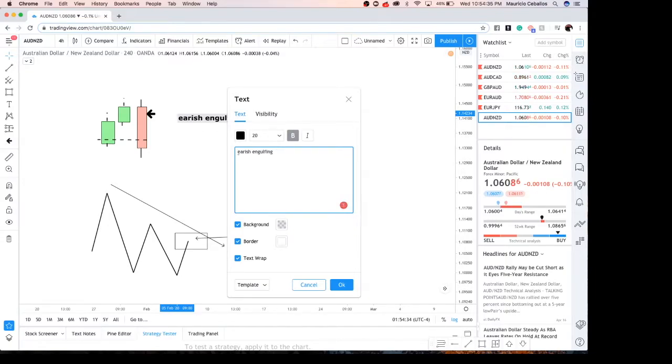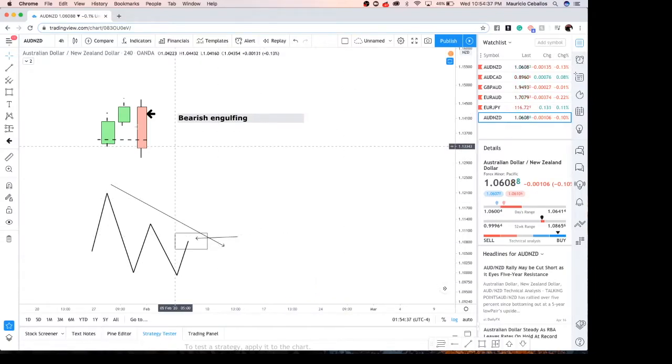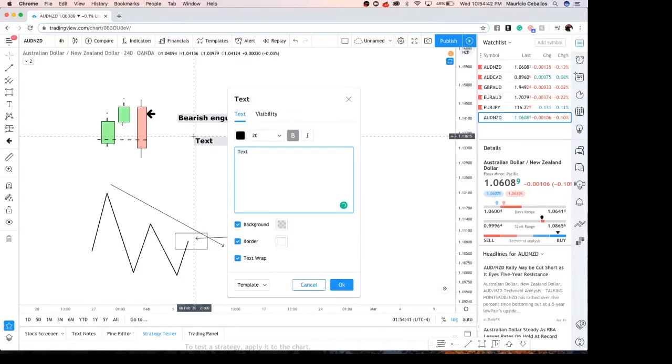Okay, so a bearish engulfing candle is conformed by one bearish candle, but understand that the bearish engulfing candle must overcome 2 or more previous candles.